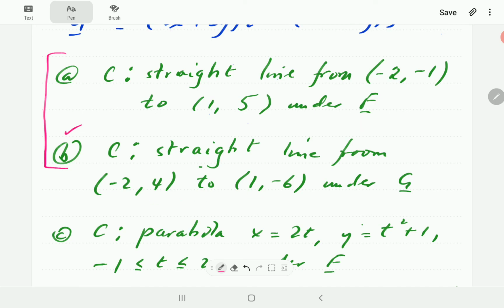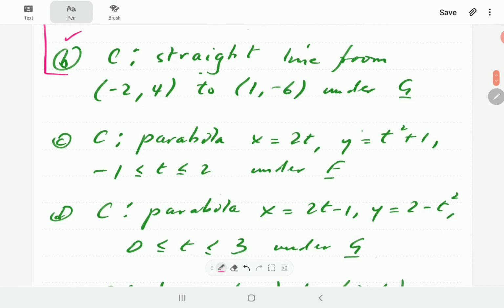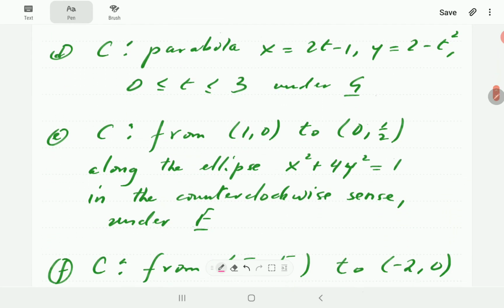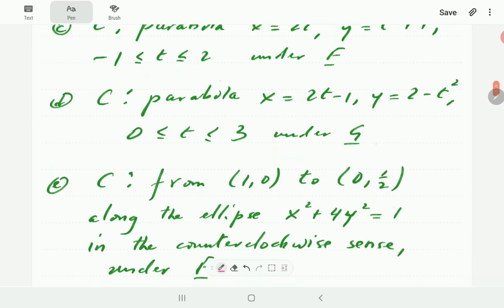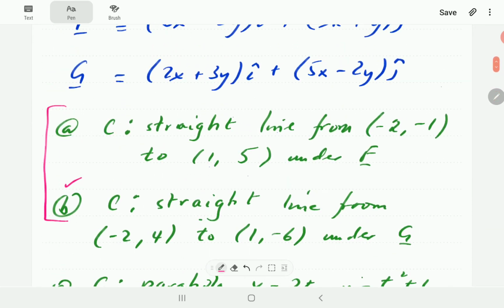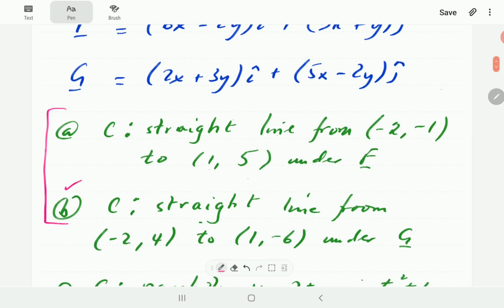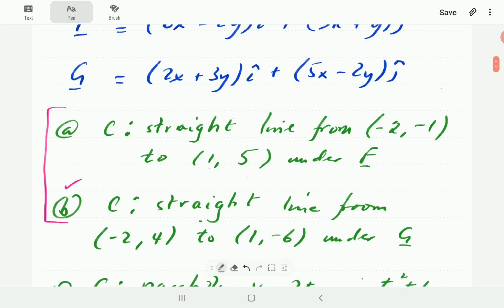It's just a different straight line and a different force field. And then when you continue the video, then you can compare with our solution. Then in part 2, we'll go to do C and D. In part 3, we'll go and do E and F. Right, so for now, you have the opportunity to have a go at B.